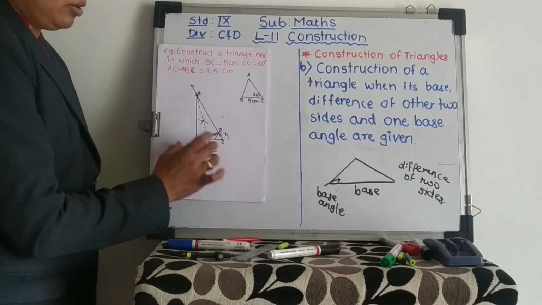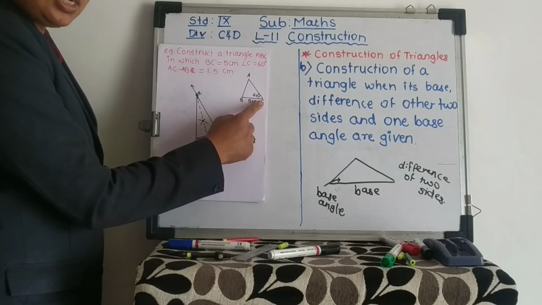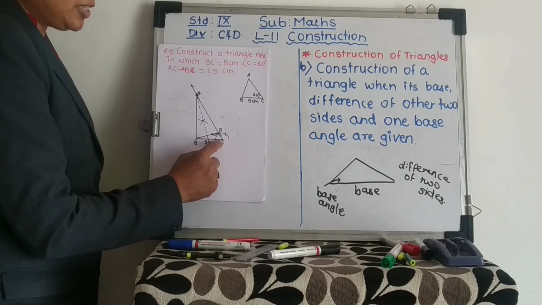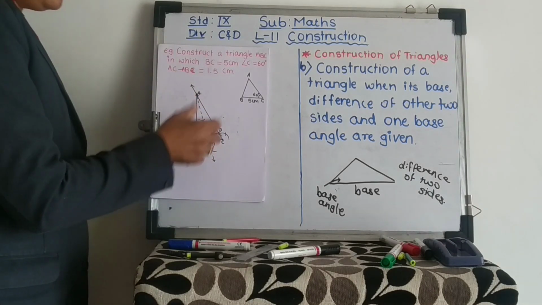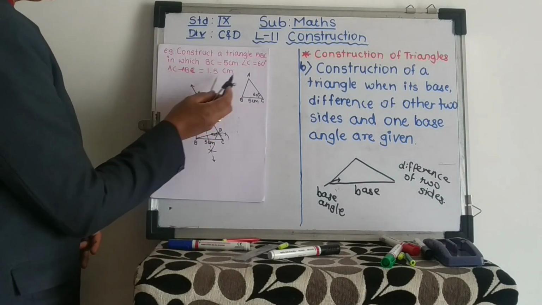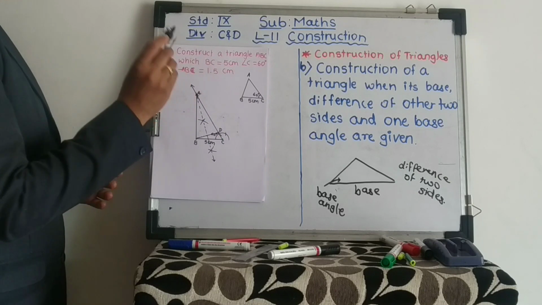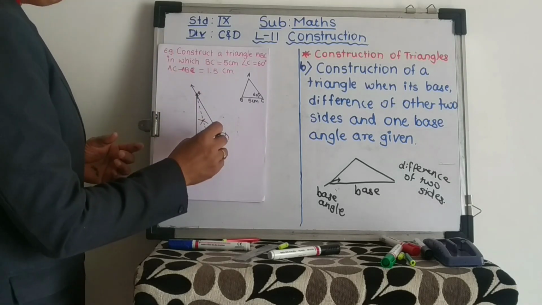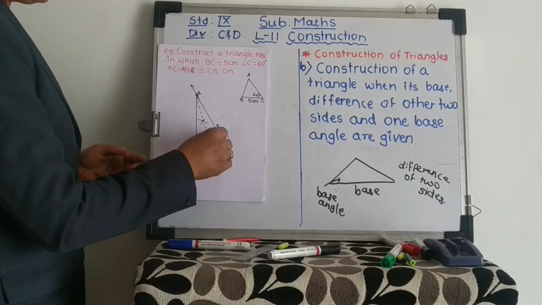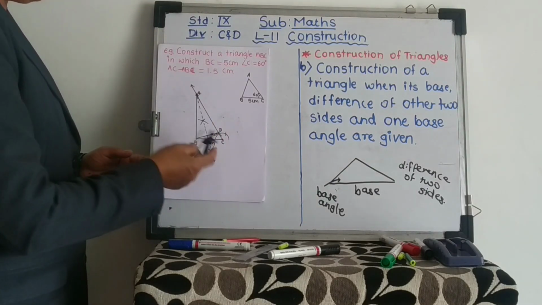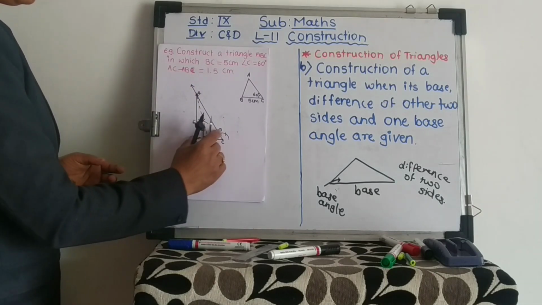After that, we drew the 60 degree angle at C. After that, the difference is 1.5 centimeter, so we took 1.5 centimeter distance in a compass and marked it on that ray. So we got that 1.5, and we joined it with the help of a scale, the dotted line BD.